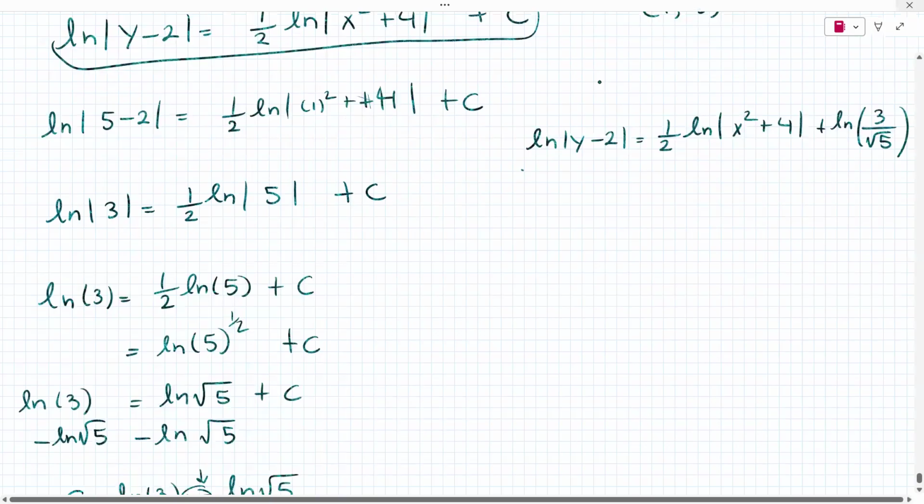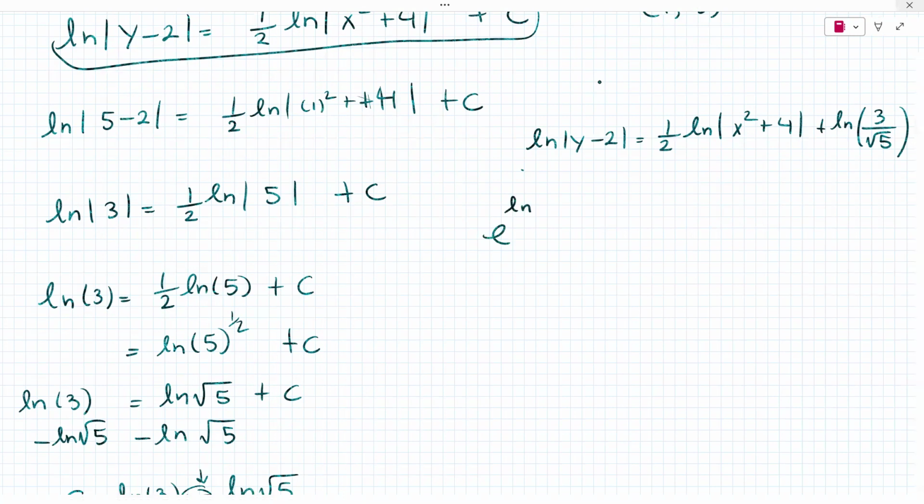And then go ahead and solve for y. So you're going to take the e of both sides. So this is going to be e to the ln of absolute value of y minus 2 equals e raised to the 1/2 ln of x squared plus 4 plus ln of 3 over radical 5.